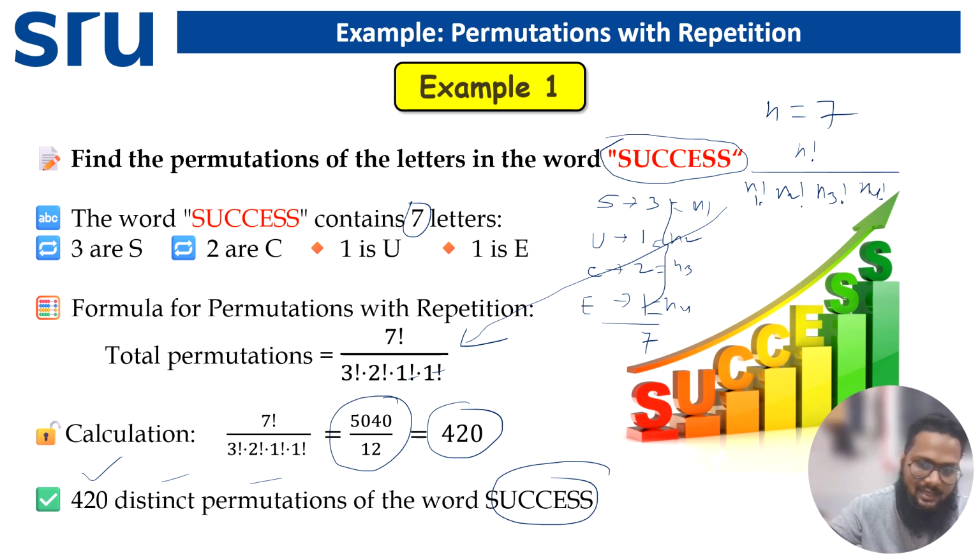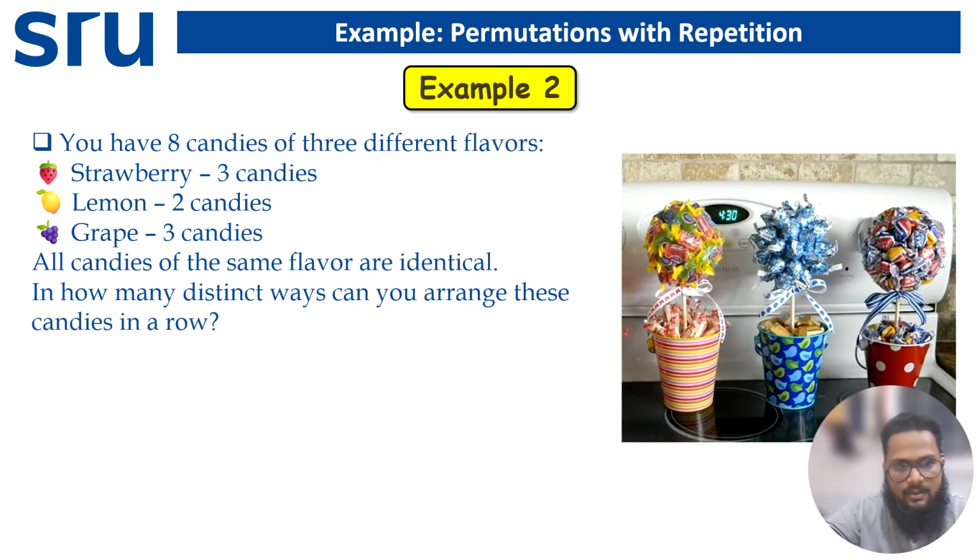So we are going to use another example again. Now suppose you have three different flavors of candies: one is strawberry, one is lemon, one is grape, right? In strawberry you have three candies, so you can see that in the strawberry case you have repetition. Not just one single strawberry candy, you have three identical strawberry candies.